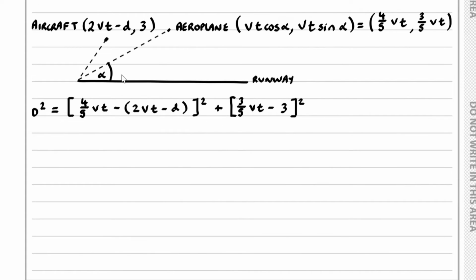So now let's try to simplify all this. Well, here we've got 4/5 vt minus 2vt plus d.